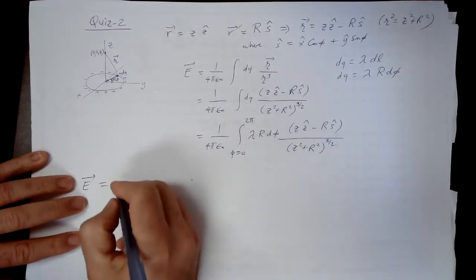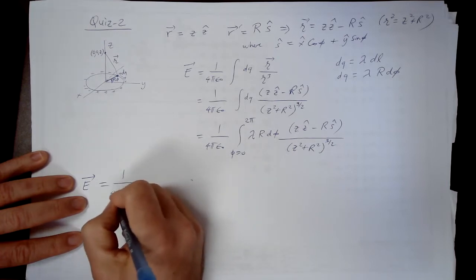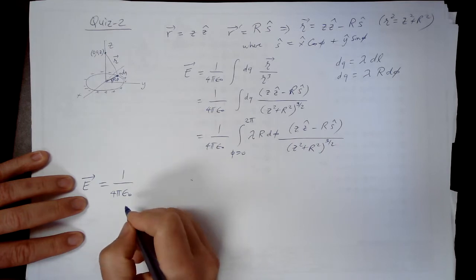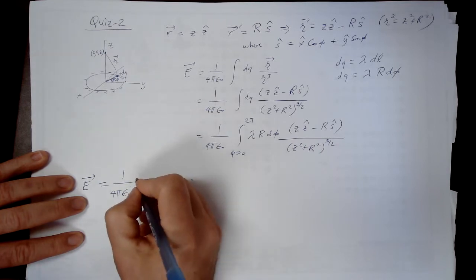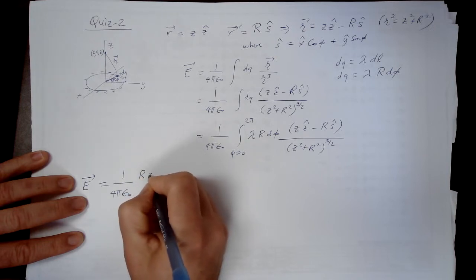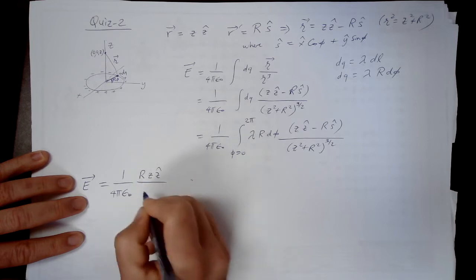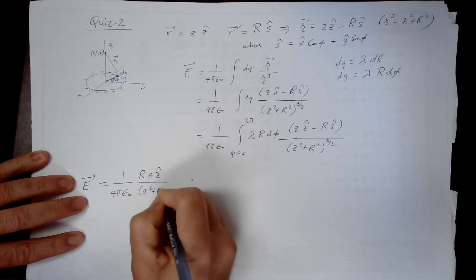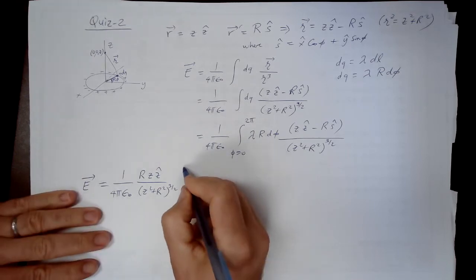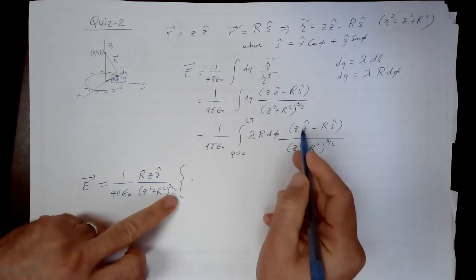So what we have is 1 over 4 pi epsilon naught. Okay, z hat is constant, so I can just pull it out. R z hat over z squared plus R squared 3/2. Okay, this is for the z hat part.